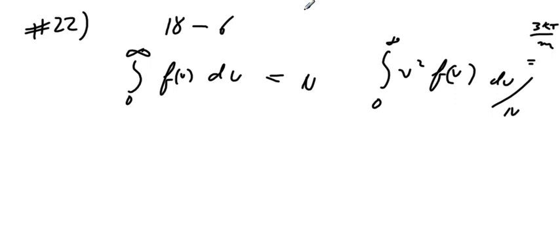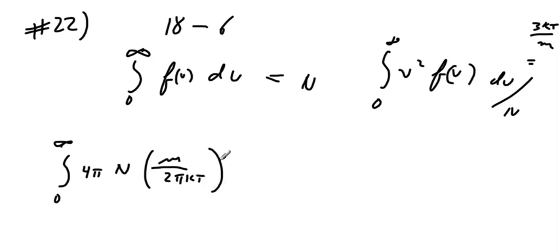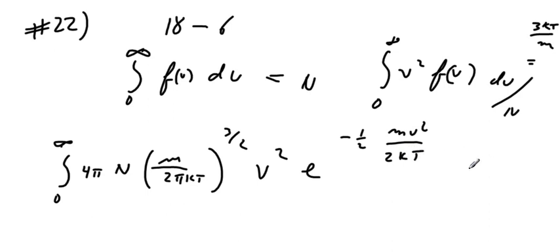So it looks like the integral from 0 to infinity of 4 pi N times m over 2 pi kT to the 3 halves, v squared, e to the minus 1/2 m v squared over 2kT, dv.